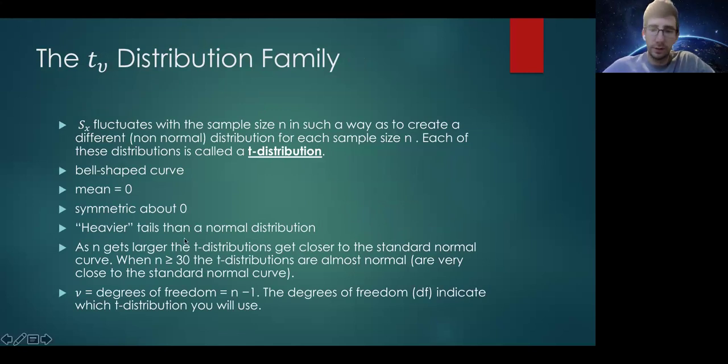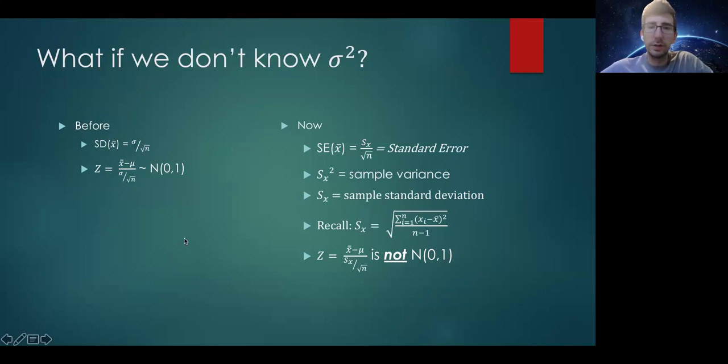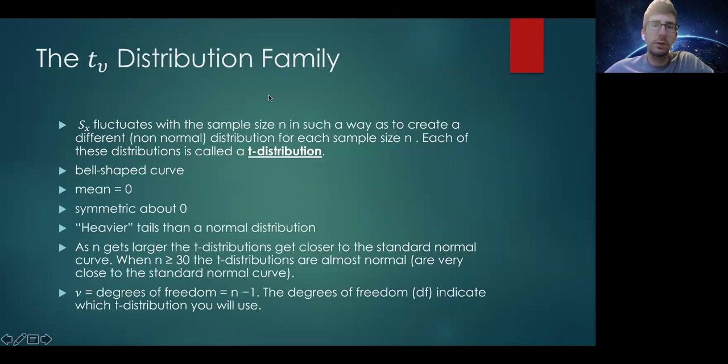So our sample standard deviation itself is based on the sample size. And so if and when our sample size changes, this creates a different and, importantly, a non-normal distribution for each different sample size. Each of these distributions is called a t-distribution.